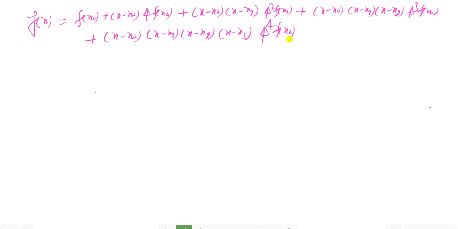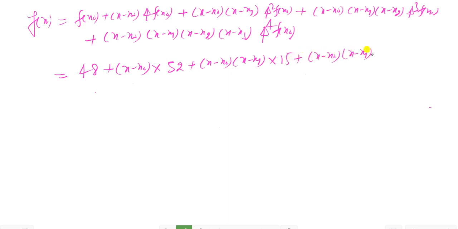So here taking the table values, f of x naught is 48 plus x minus x naught times the first order divided difference, which is 52, plus x minus x naught, x minus x1 times the second order divided difference, which is 15, plus x minus x naught, x minus x1, x minus x2 times the third order divided difference, which is 1, and the fourth order divided difference is equal to 0.